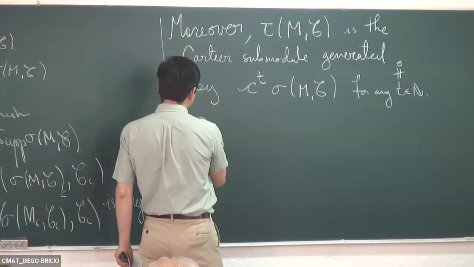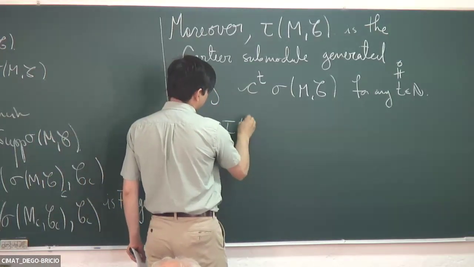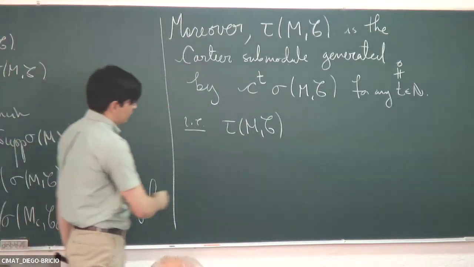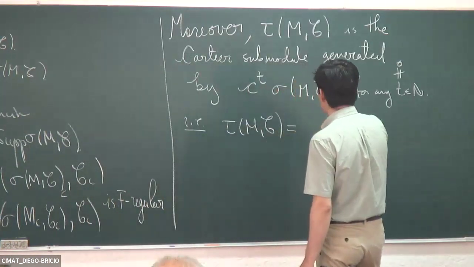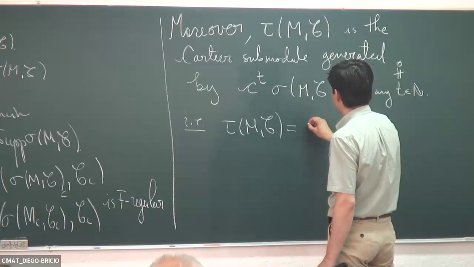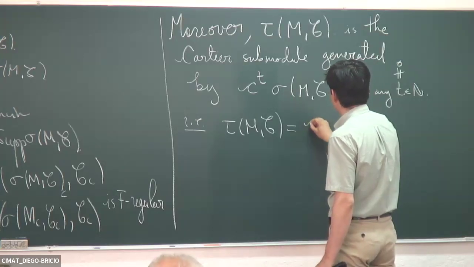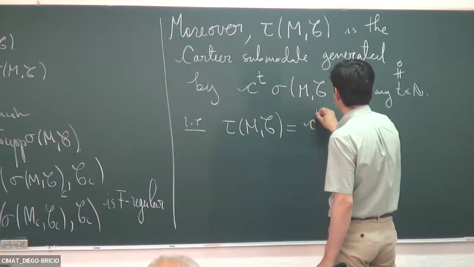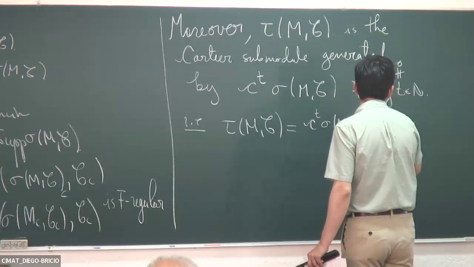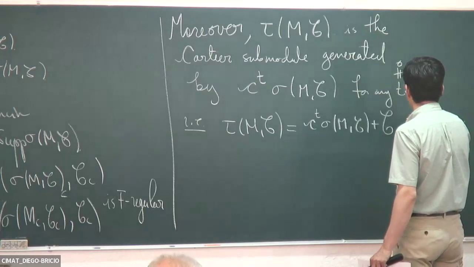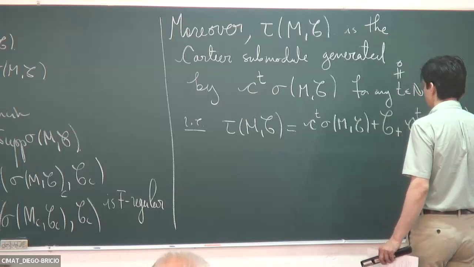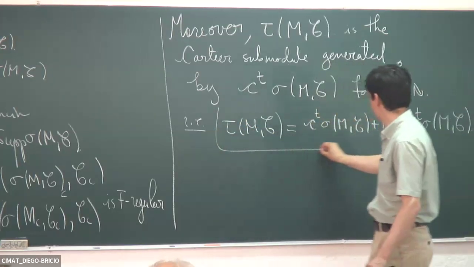In other words, let me put it as an equation, because often people write it like this. Once you find that C, you can write down your Cartier module as C T sigma n comma C plus C plus C T sigma n comma C. You often see this equation in the literature.